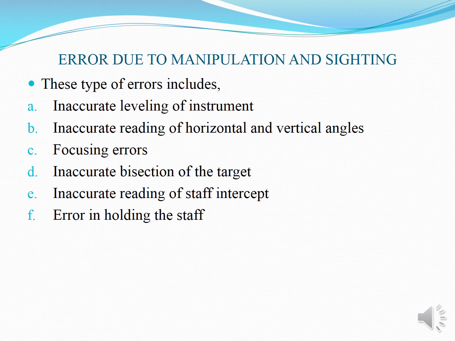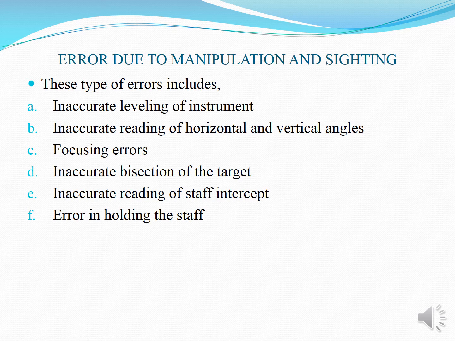After that, inaccurate bisection of the target through the telescope: if the bisection is not proper, these errors due to manipulation and sighting are created.